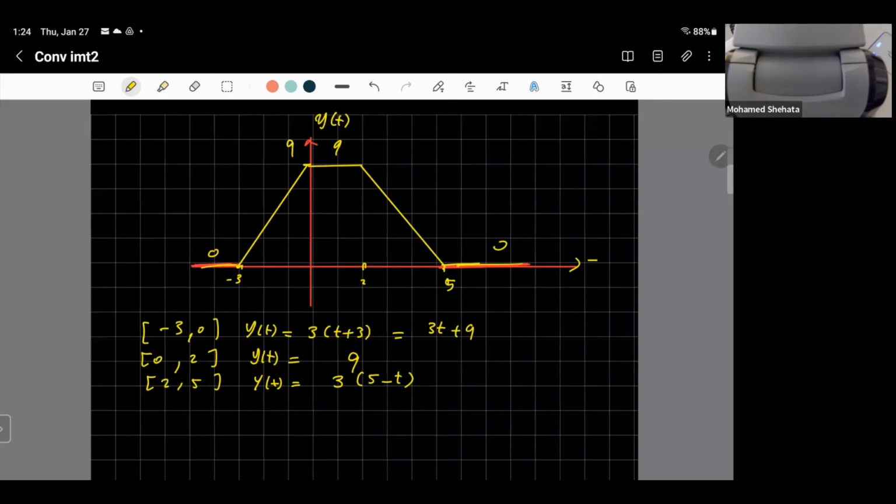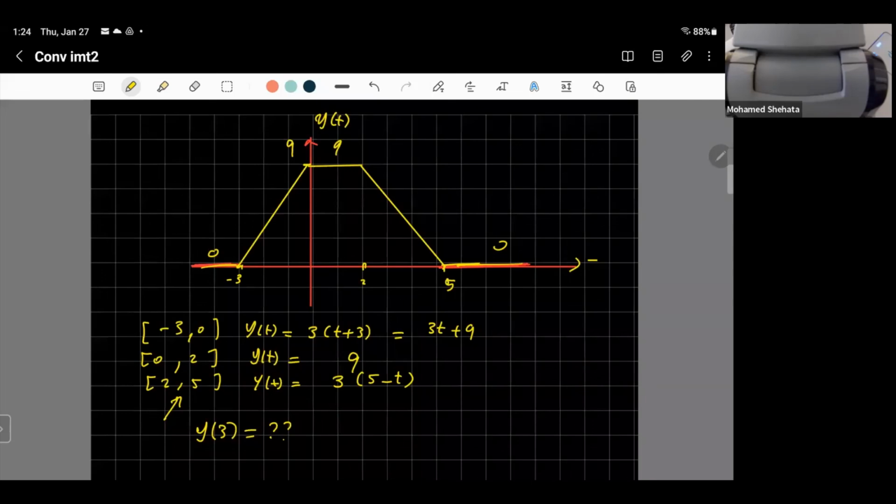And once you sketch it, even before you sketch it, let's say that the question asks you to find y of 3, y of t when t equal 3. So if you are asked to find y of 3, you have to look for the interval and substitute by the right equation. If you don't have to sketch it at all. So 3, it's in this region between 2 and 5.